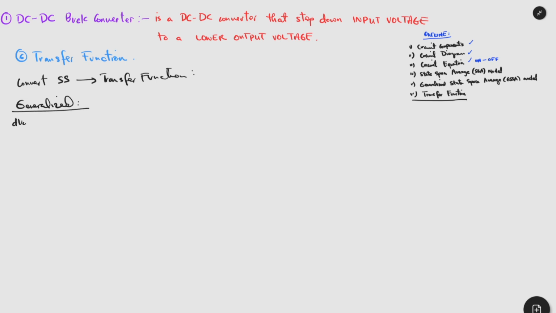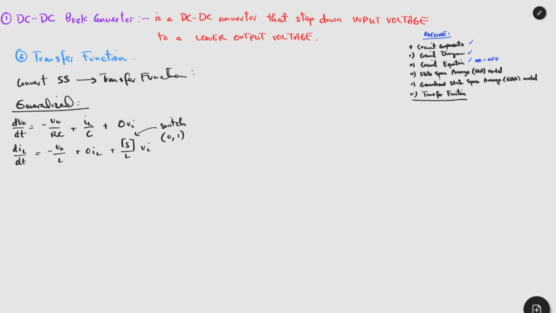We know that we have dv naught on dt, which is equal to minus v naught on RC plus iL over C plus 0 vi, and we have diL on dt, which is equivalent to minus v naught on L plus 0 iL plus S over L vi, and this S represents our switch, and it can be 0 or 1.